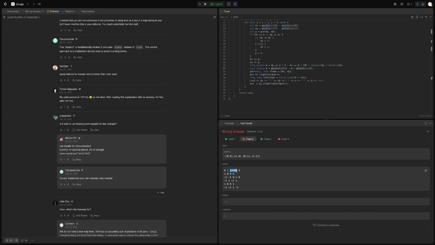So slope is something infinite, right? And then term b is 0 for some reason. That's fair.